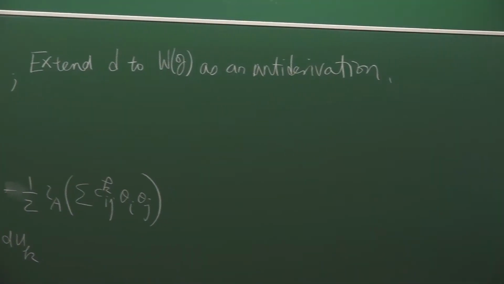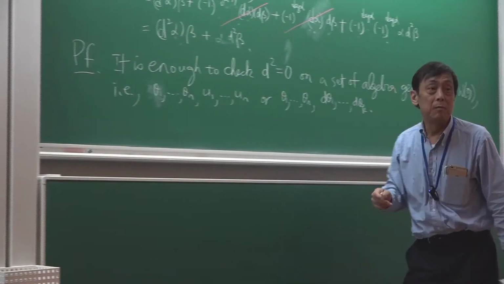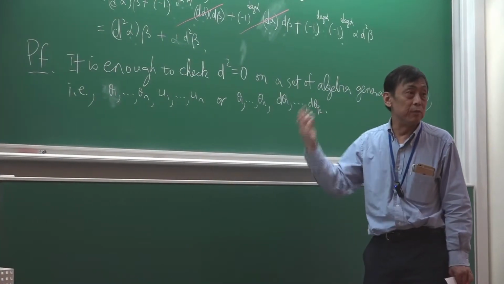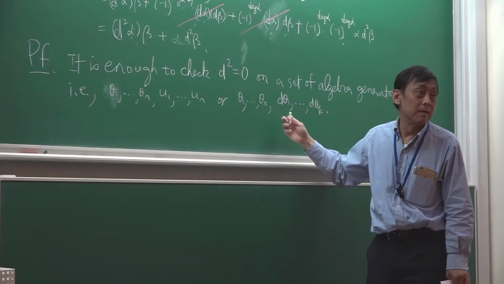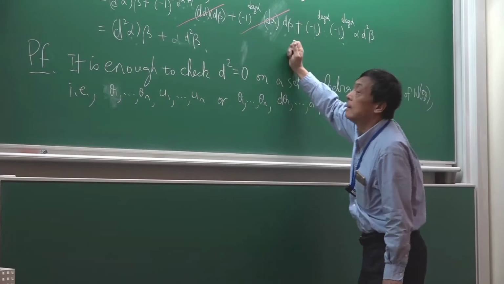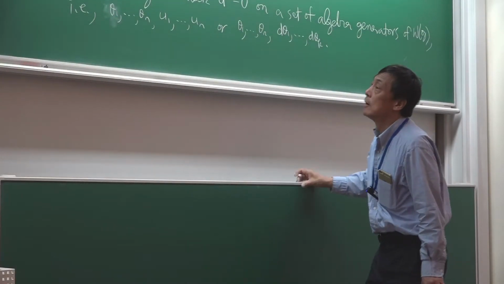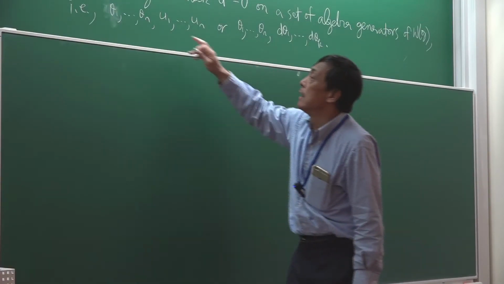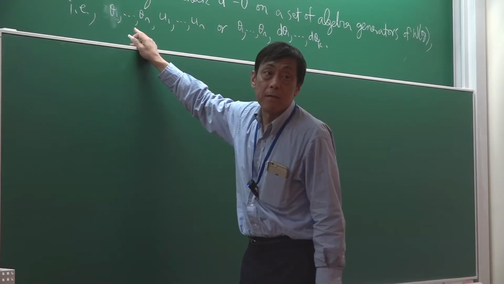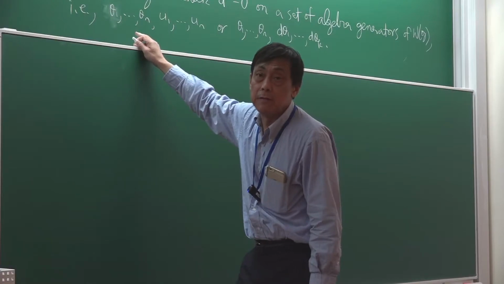So I can also use d theta 1 to d theta n, because the u's can be written as polynomials in these. Okay. So let's check that d squared of theta k is 0.